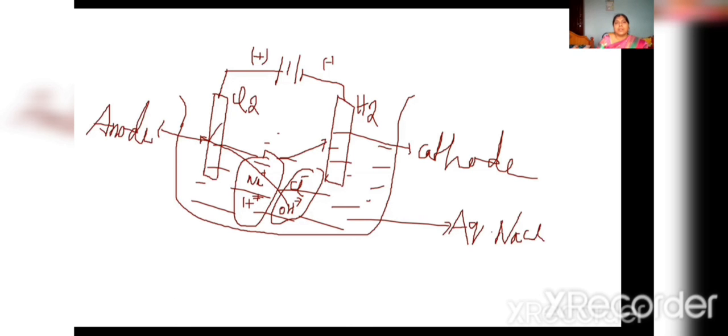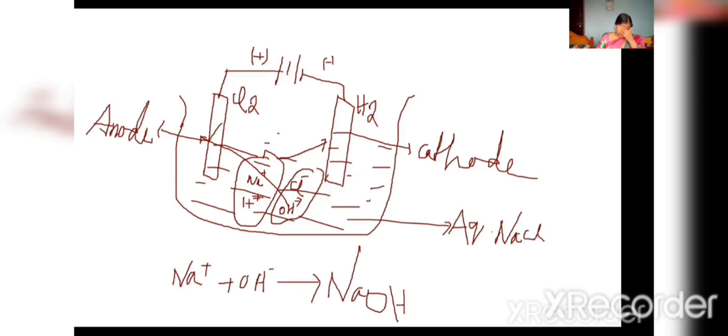Whatever ions remain in the solution, that is Na+ and OH-, will combine and form a byproduct in the electrolytic solution, sodium hydroxide.